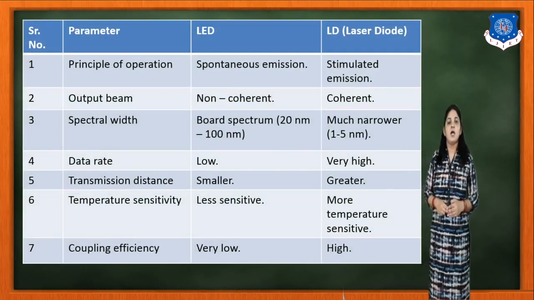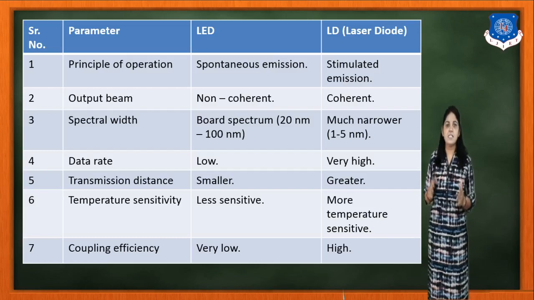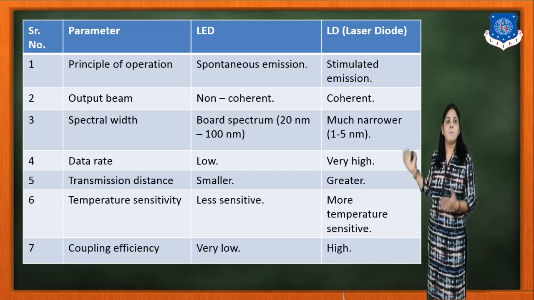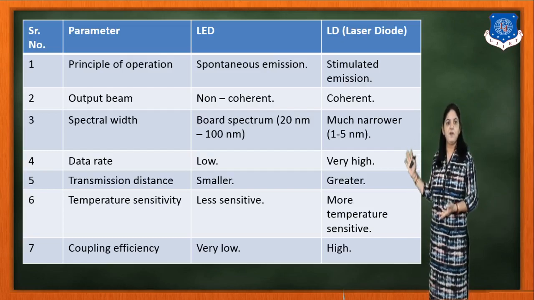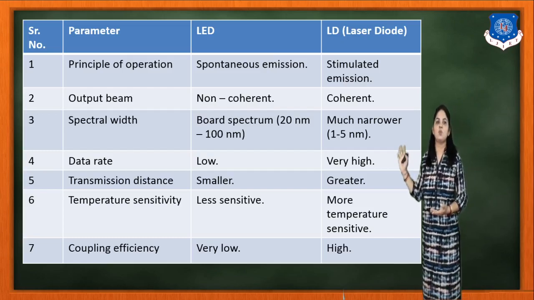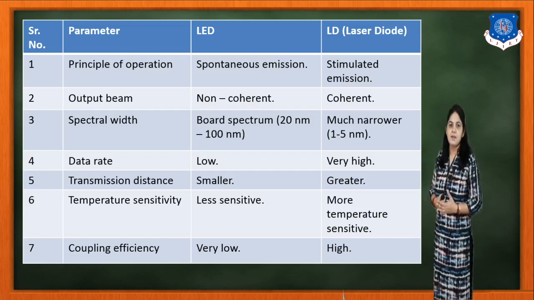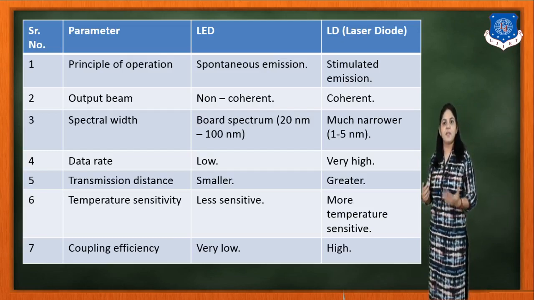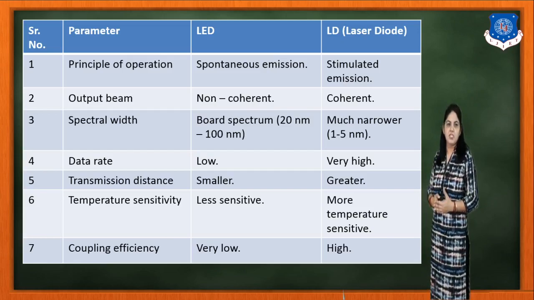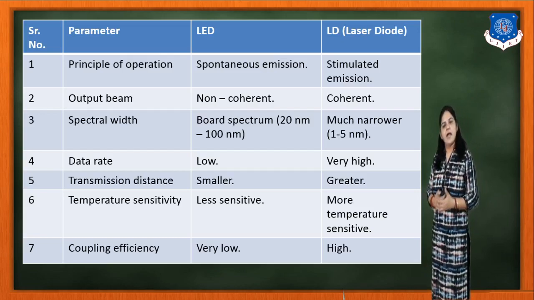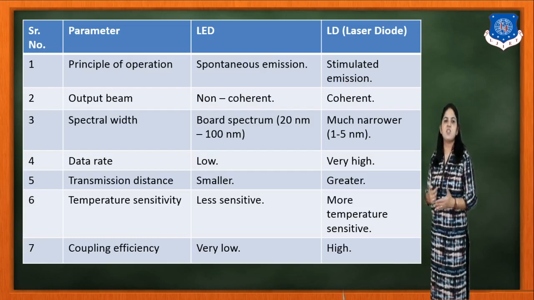Now the next is the comparison of the laser and the LED. There are various parameters for comparing the performance of the LED and the laser diode. The very first parameter is the principle of operation. The LED works on the principle of spontaneous emission, and the laser diode works on the principle of stimulated emission. The output beam of the LED is non-coherent, and in the case of the laser it is coherent.